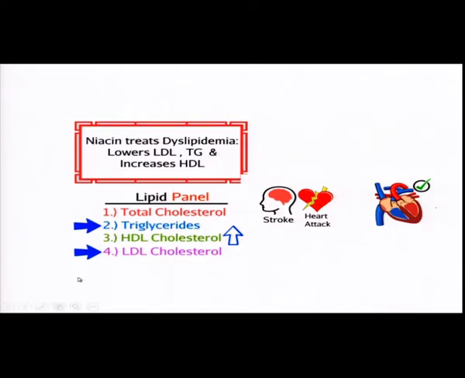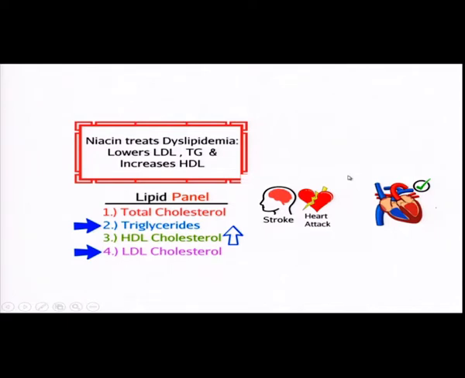So, they do this panel test. They want to check the total amount of cholesterol, triglycerides, HDL and LDL. In general, we always consider that the level of HDL should be high, whereas the levels of triglyceride and LDL should be low, within the acceptable range.